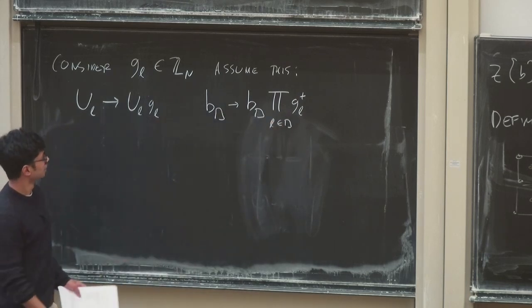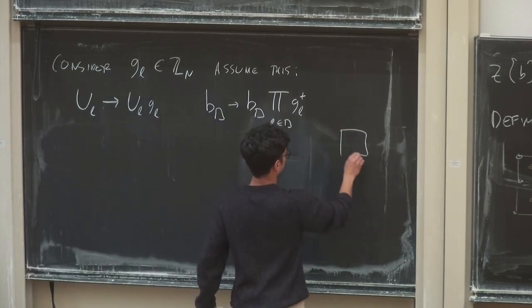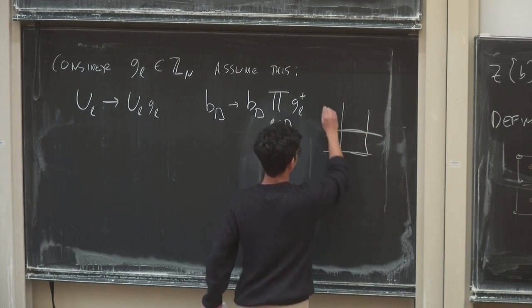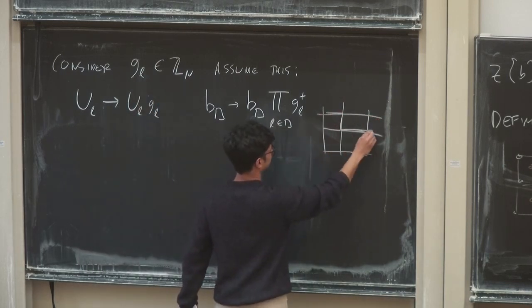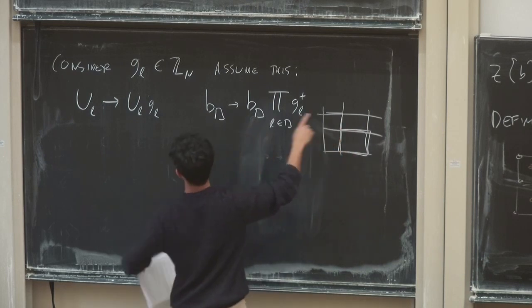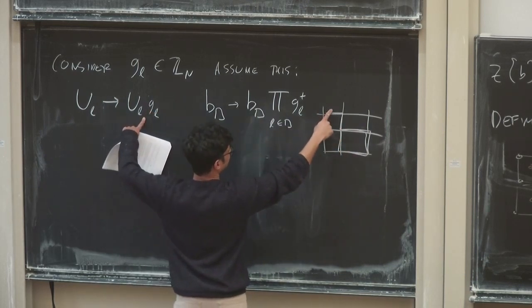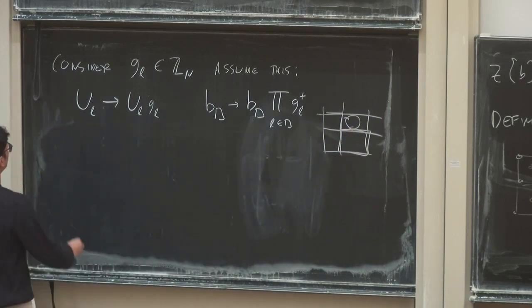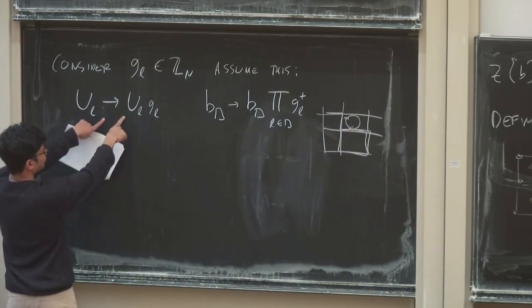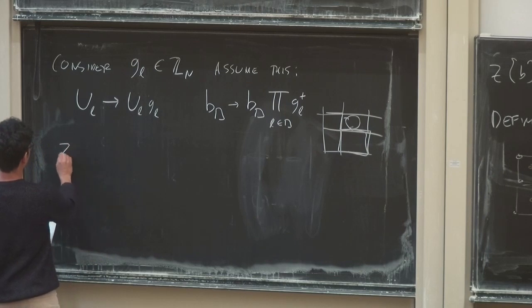Okay. And so what's happening is I have some GL defined on the links. And it multiplies each of the link variables, and it works as a product on the plaquette source. Then this is an invariant of the path integral, and therefore Z is invariant under this operation.